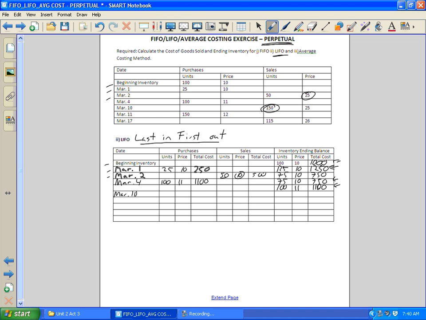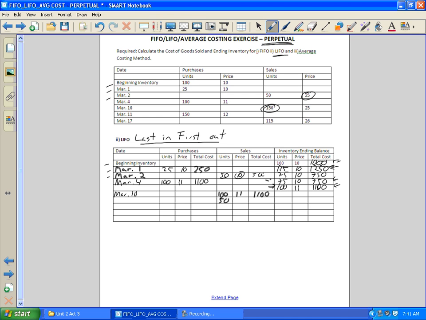units. Well, previously what we did was we used the first purchases, these 75 units, in FIFO, because that was the first stuff that came in. For LIFO, what we're going to be using is actually these 100 units to start with. So 100 units times 11 equals $1,100. There's another 50 units to go.